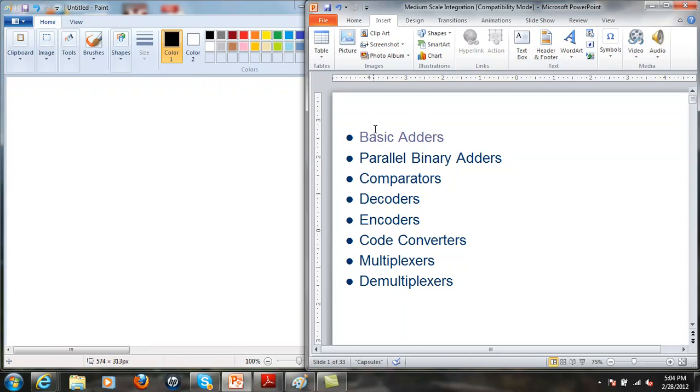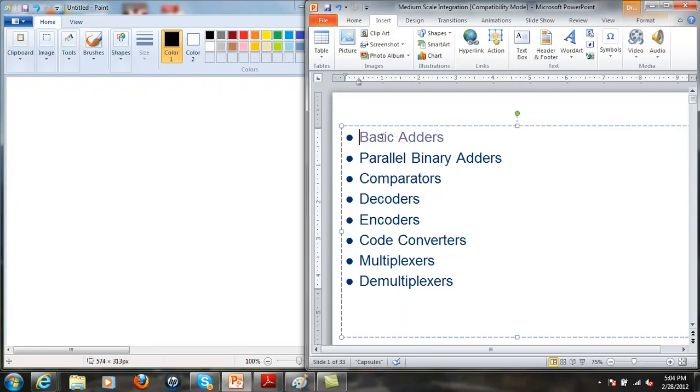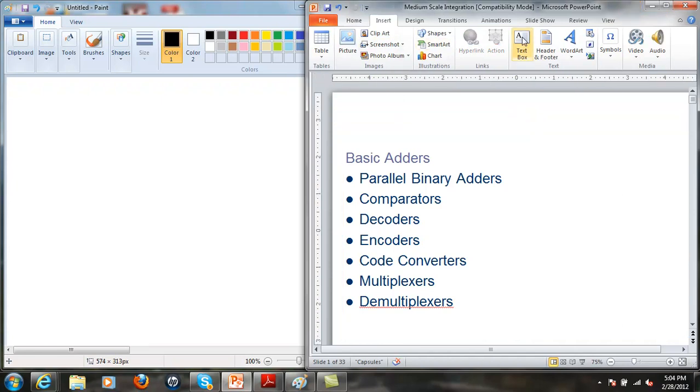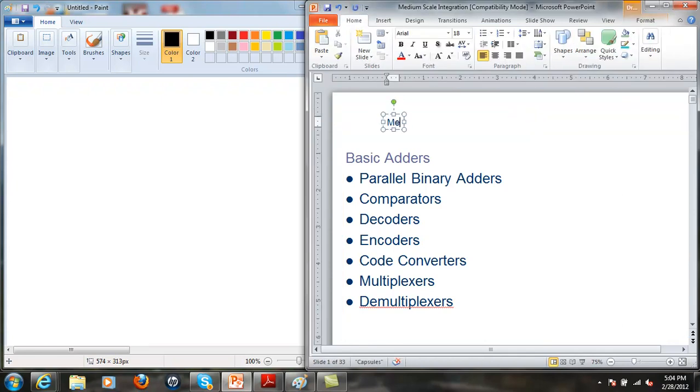The material this week is on a thing called medium scale integration, integrated parts.